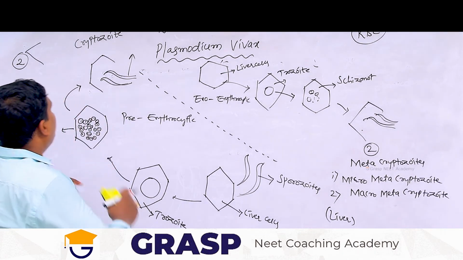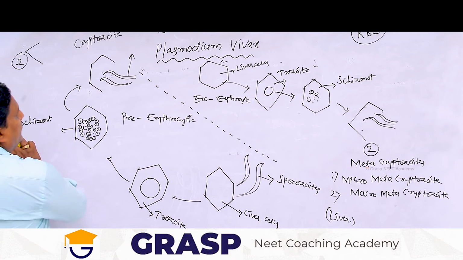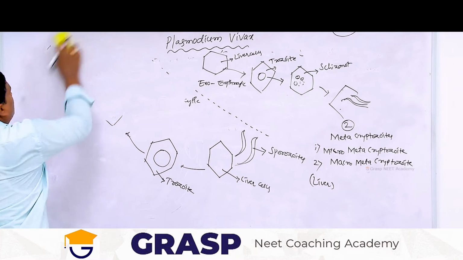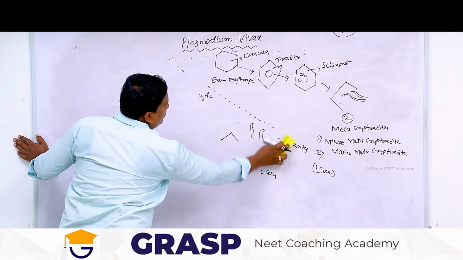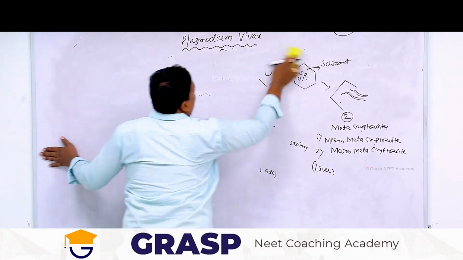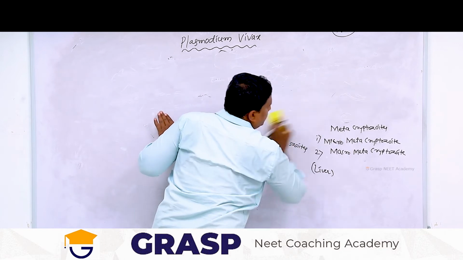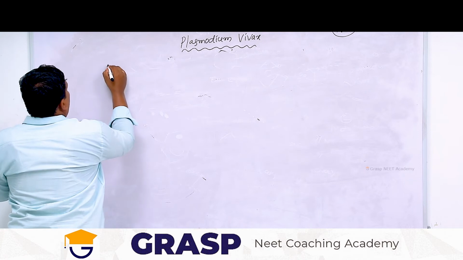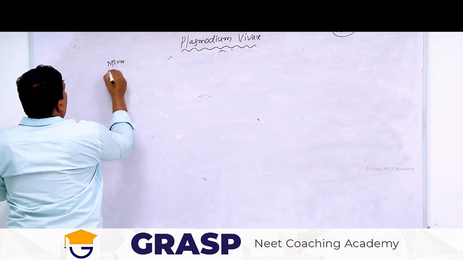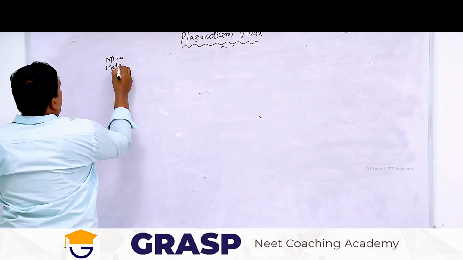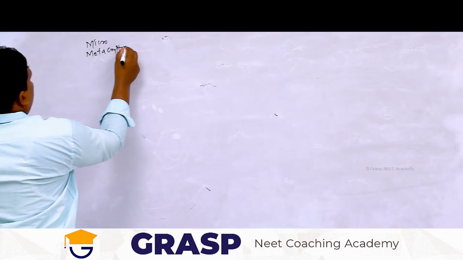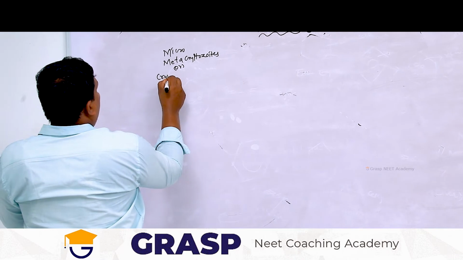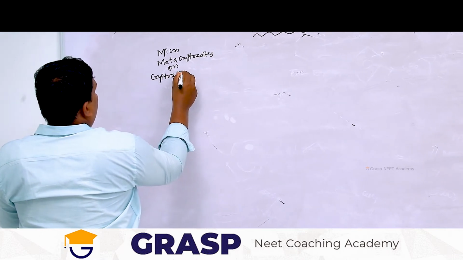Now I am going to explain the erythrocytic cycle. The erythrocytic cycle is initiated with the help of micro metacryptozoites or with the help of cryptozoites.